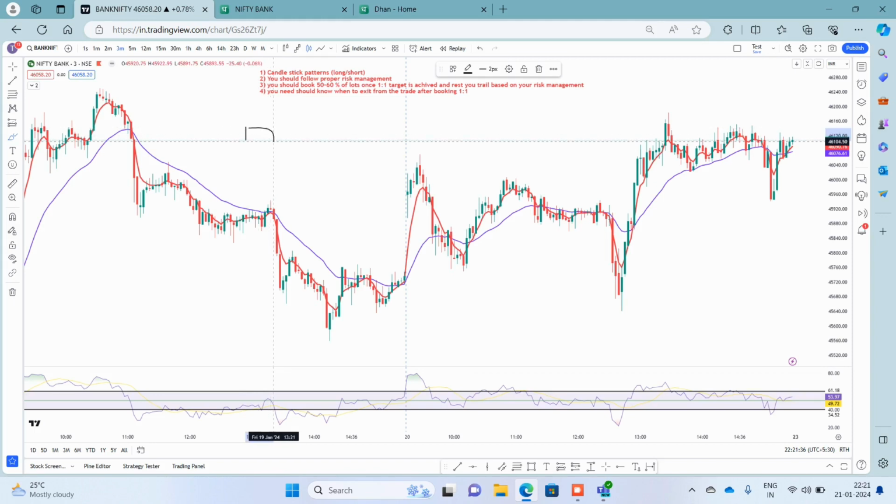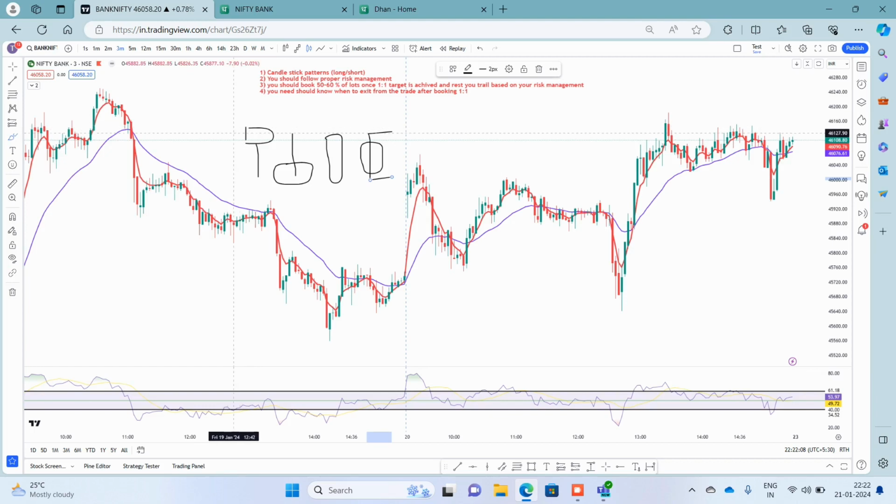One is hammer, and one is inverted hammer, and one is Marubozu full body candle, and one is kind of doji and kind of Marubozu with 70 to 80% of body, and on top you will have some wick, at the bottom you will have some wick.